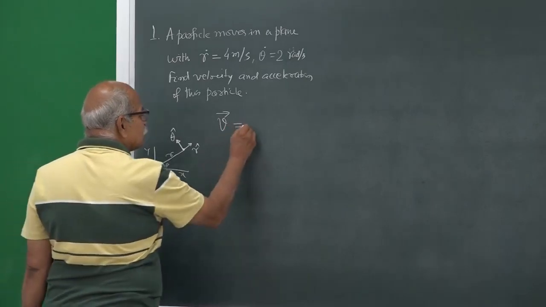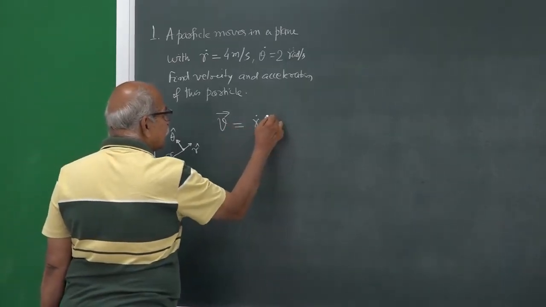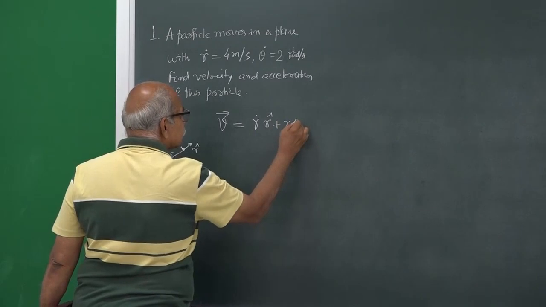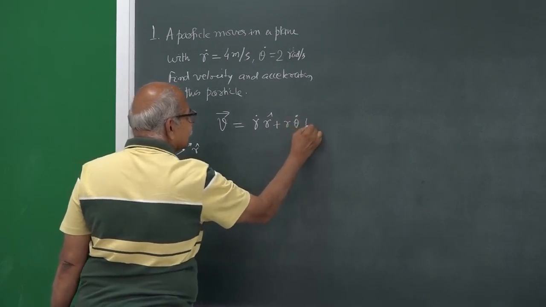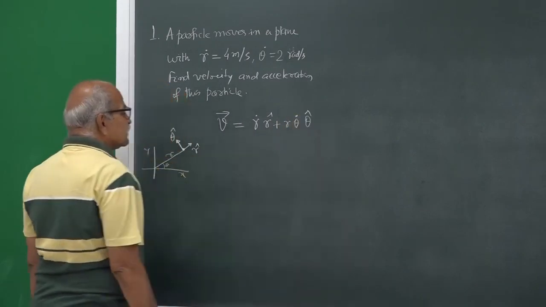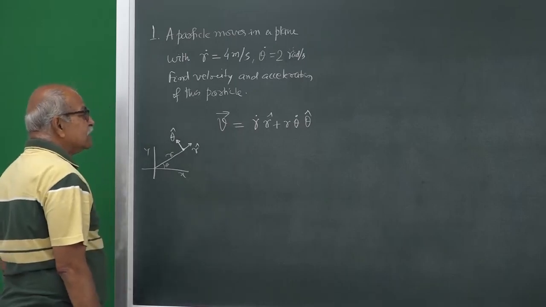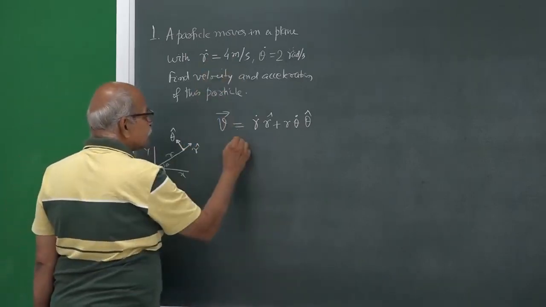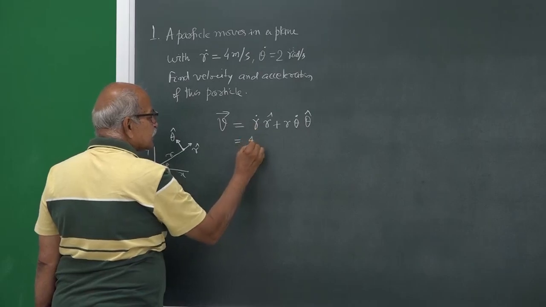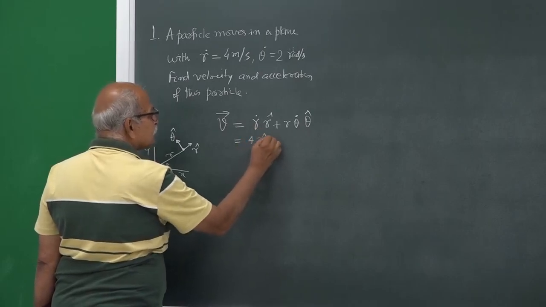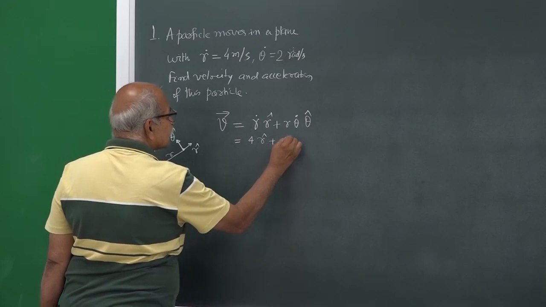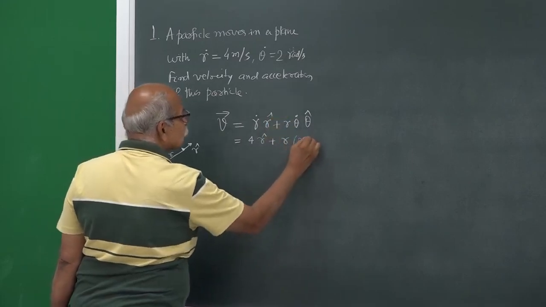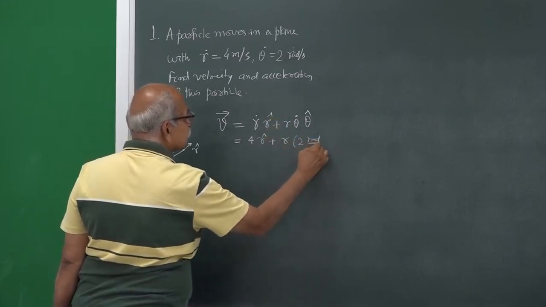So, v is equal to r dot r cap plus r theta dot theta cap. That is the expression for velocity, where r dot is given as 4 meter per second, and theta dot is given as 2 radian per second.